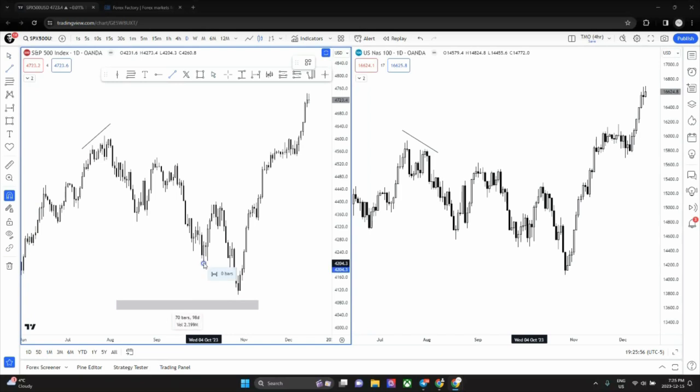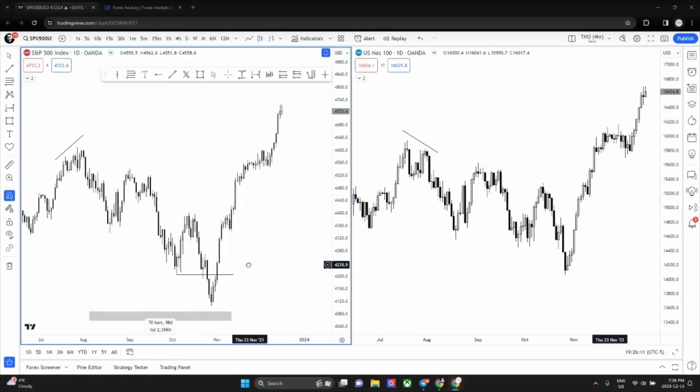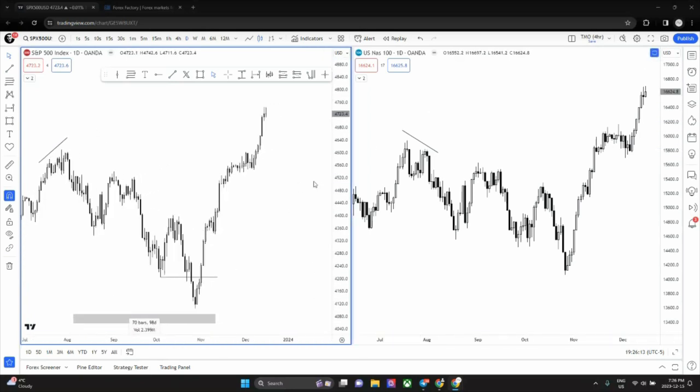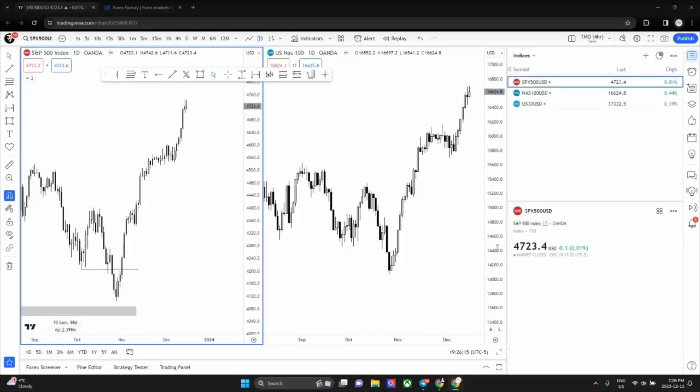So price dropped below this low, took the liquidity below this low, and rallied during the time when it's supposed to do this, right? So how can we use this to help us in the future? Like this.